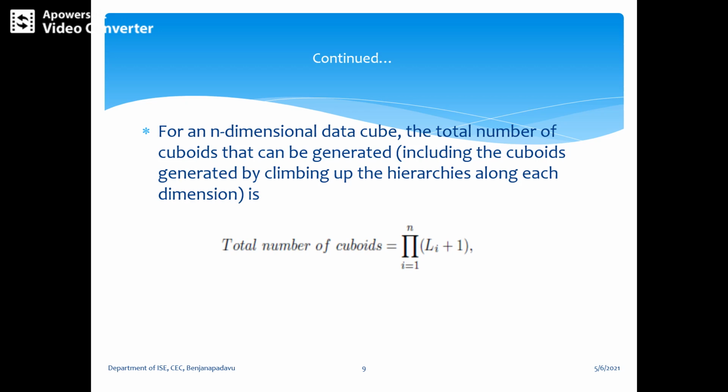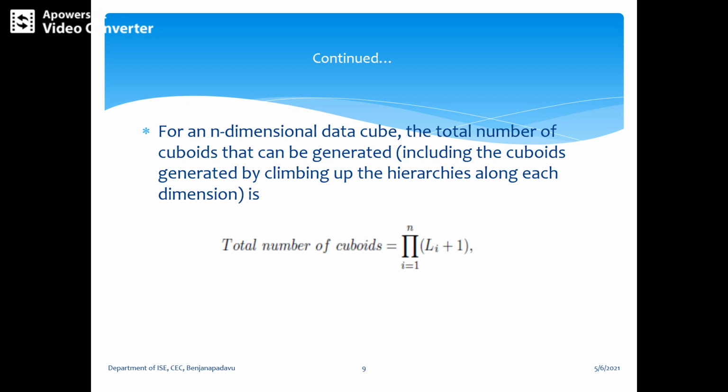How are we going to tackle it? If there were no hierarchy associated with each dimension, then the total number of cuboids for an n-dimensional data cube is 2 to the power n.